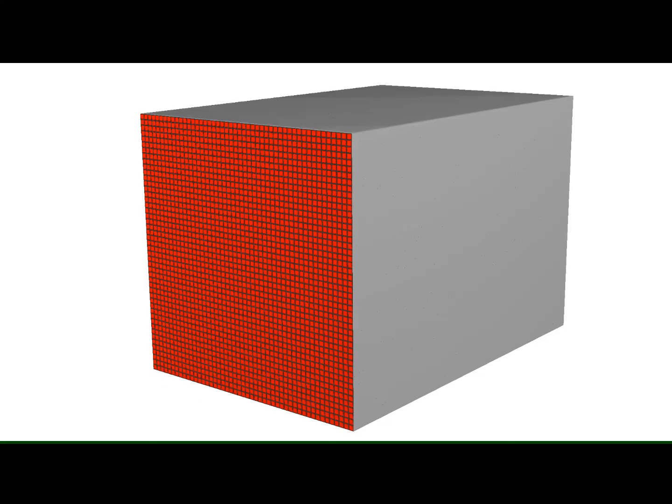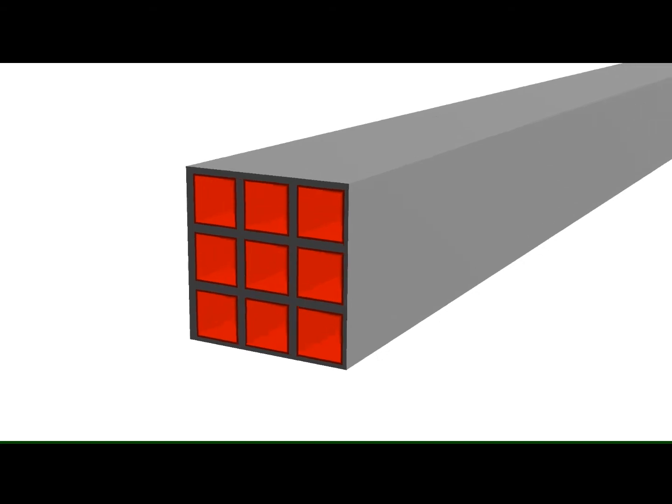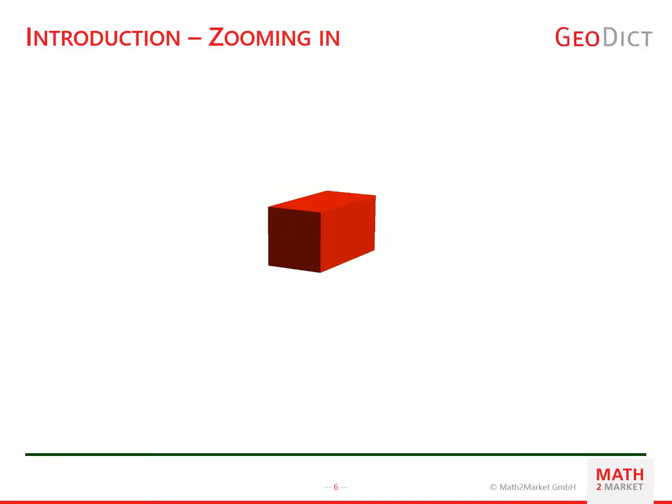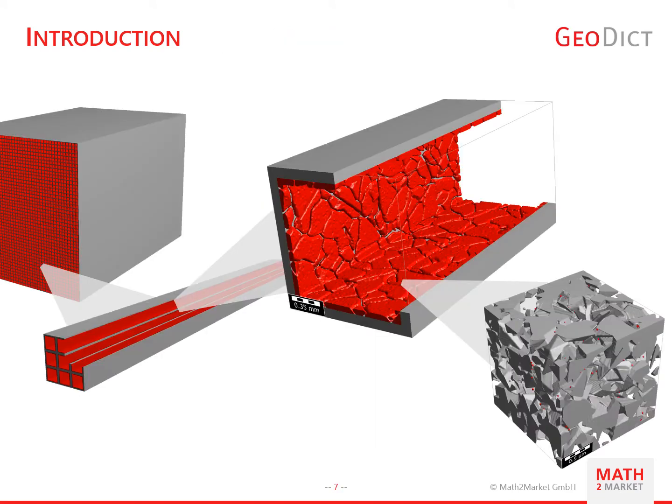First, we zoom in on some channels that we want to simulate. Then further down, we have a detailed look at that, and even further down, we have a look at the washcoat layer. What you see here will be our models in better resolution.